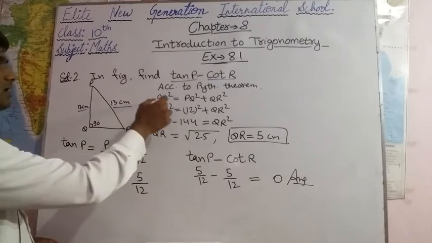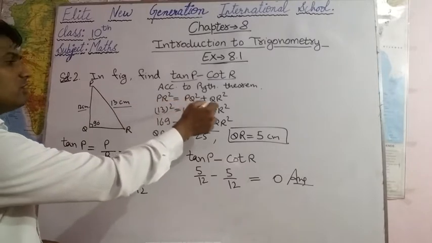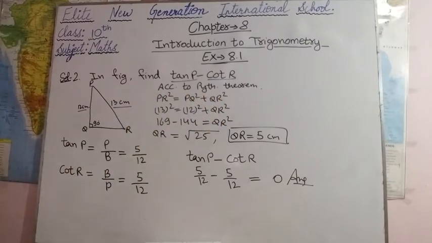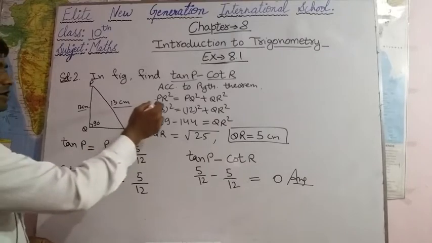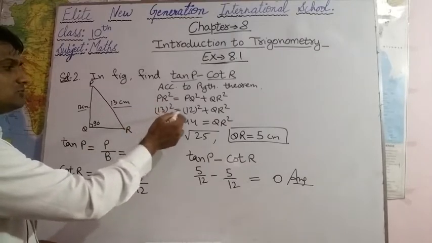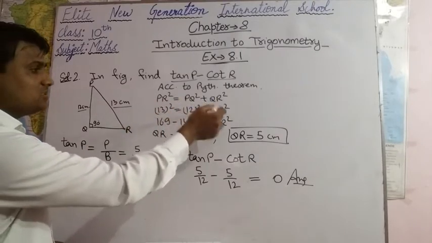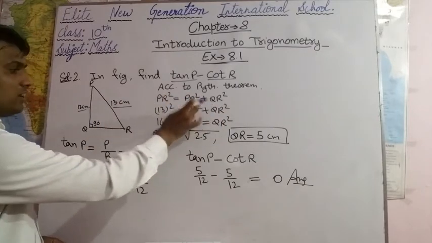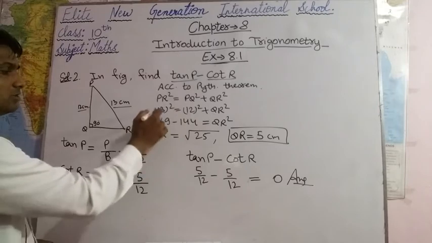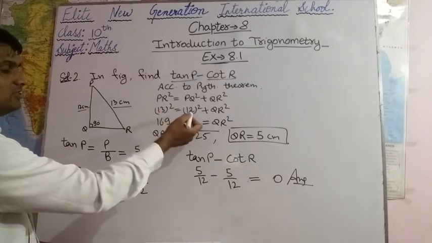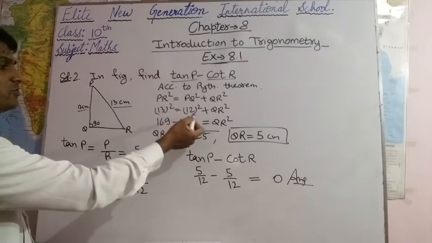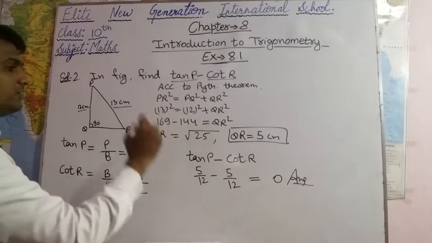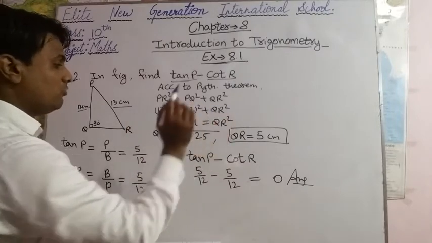So it will be PR square equal to PQ square plus QR square. Now by putting the values, the value of PR is 13. So 13 square equal to 12 square plus QR square. Now we will shift this 12 square to the other side. So 13 square will be 169, and 12 square becomes 144, it will subtract. Then it will be equal to QR square.